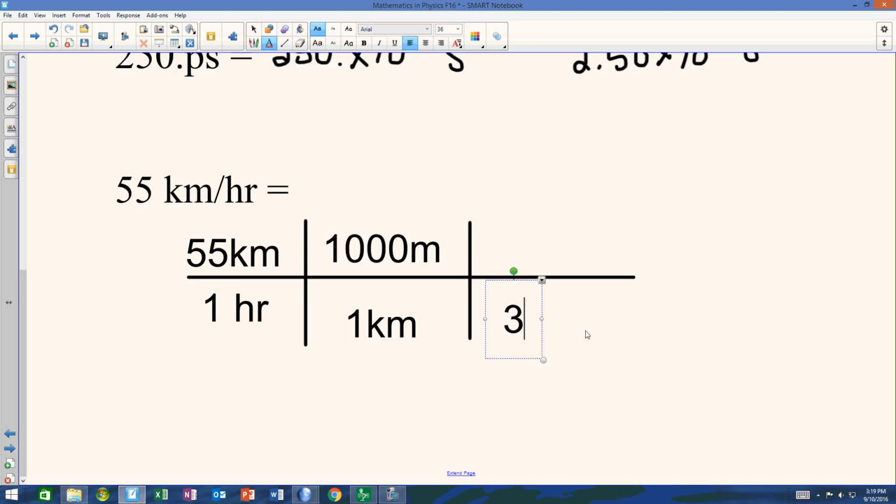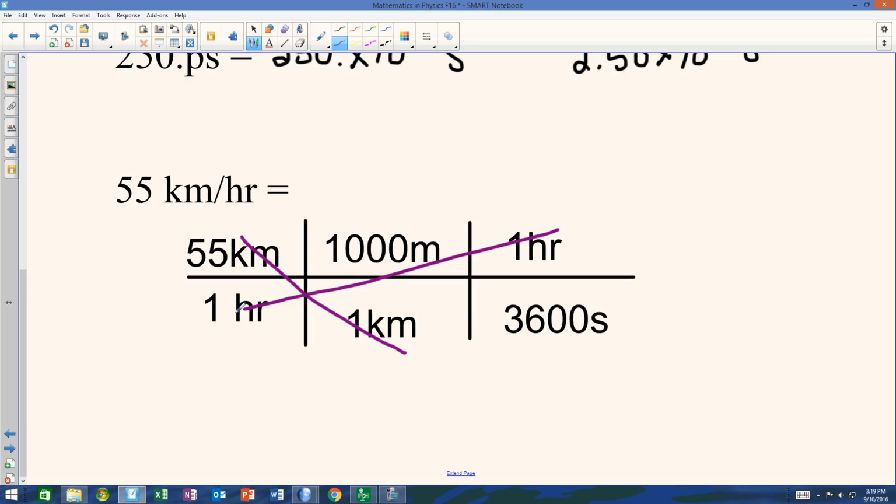So there's 3,600 seconds in 1 hour. Okay, notice the crisscross. Cross out. Cross out. Okay, now you multiply the tops and divide by the bottoms.